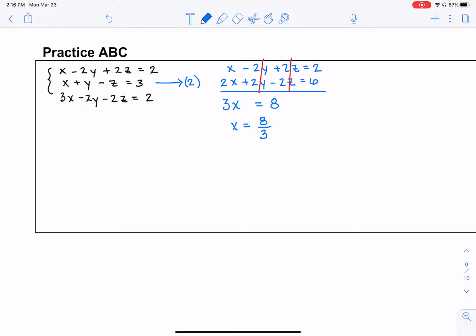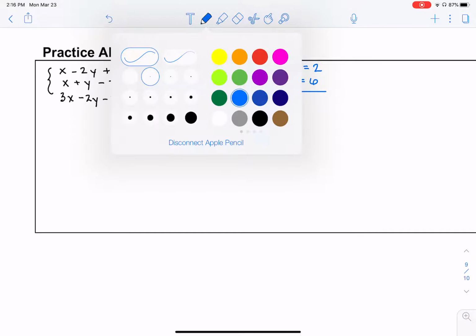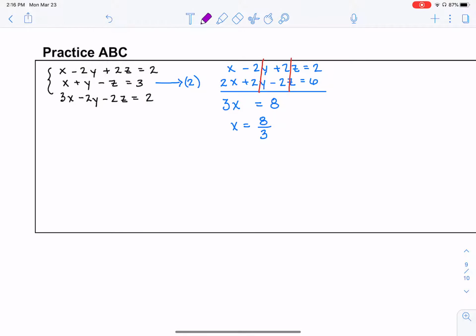Okay, now I'm going to go back to the second equation. I'm going to plug in that x value to the second equation and be left with just y and z. Okay, so I'm going to go back to equation 2, the original equation 2. I'm going to plug in my new x value as 8/3.